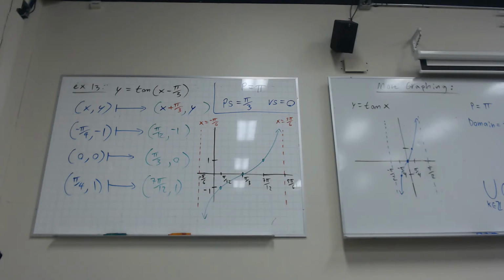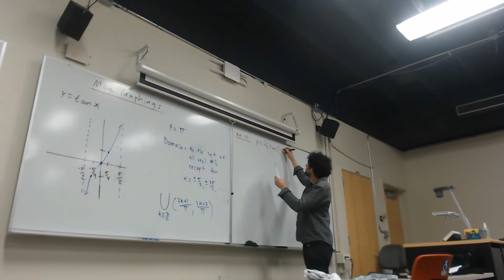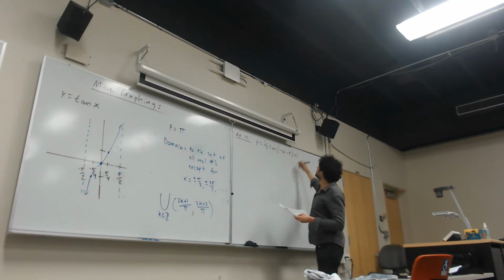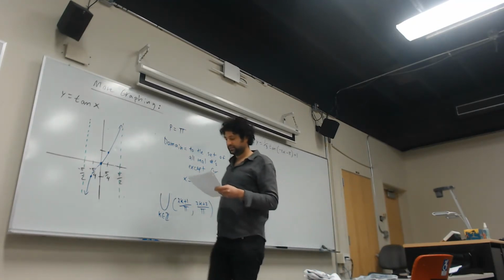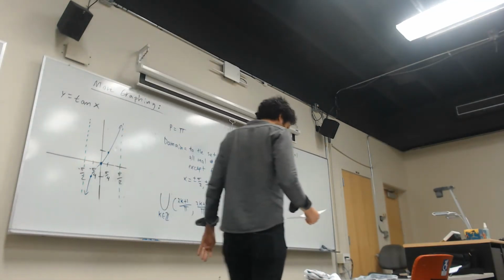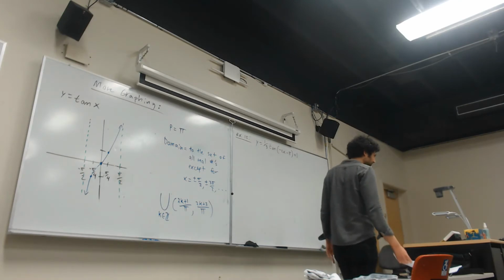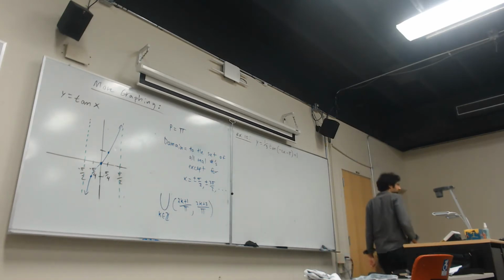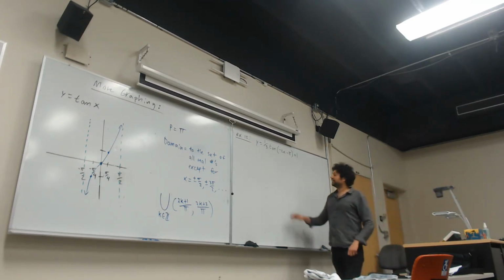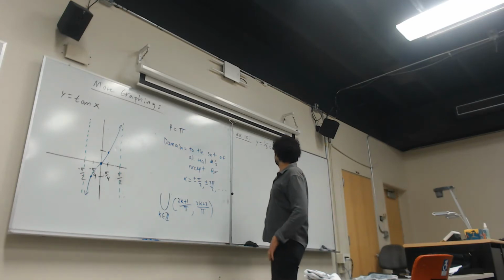Y is equal to 1/3 tangent negative 2x minus pi plus 1. Now again, really complicated looking, right?